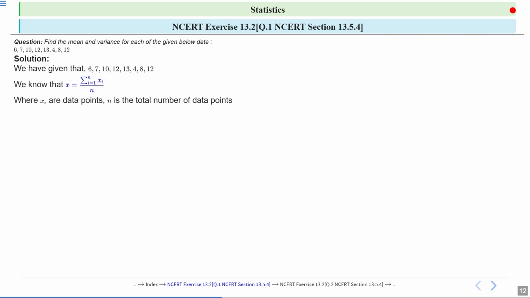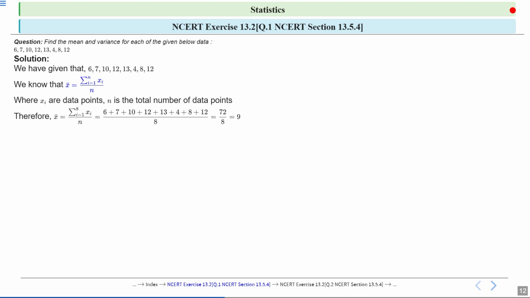Now let's recall the formula for the mean. The mean, often written as x bar, is calculated by adding up all the data points and dividing by the total number of data points. So x bar equals the sum from i equal to 1 to n of xi divided by n. Here xi represents each data value and n is the total number of values in our data set.